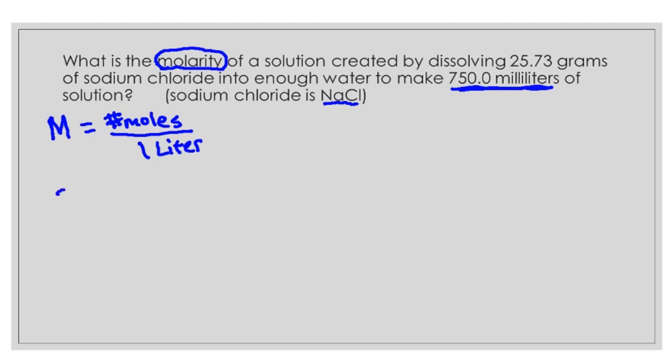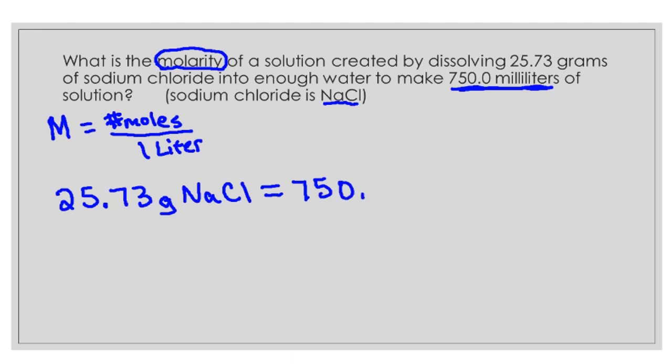So we're going to dissolve 25.73 grams of sodium chloride into enough water to make 750 milliliters of solution. And we want to know what is the molarity.